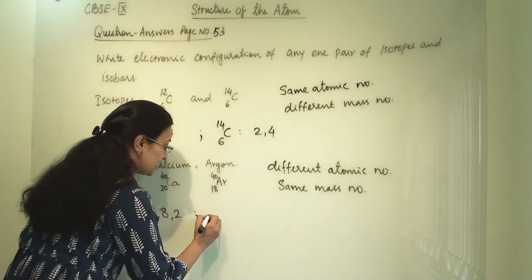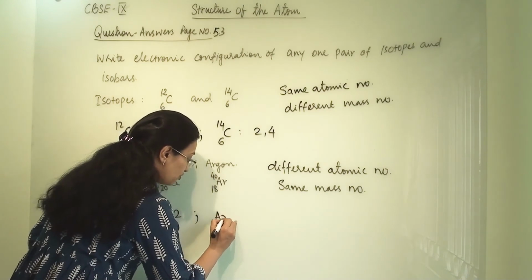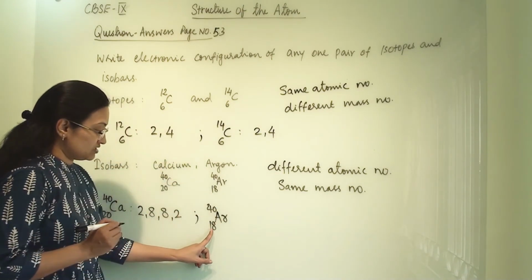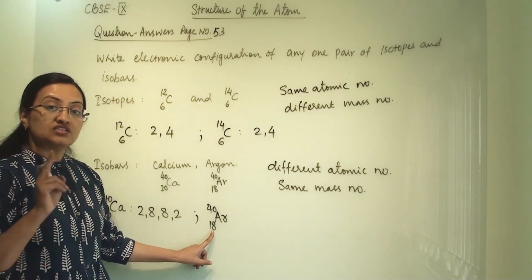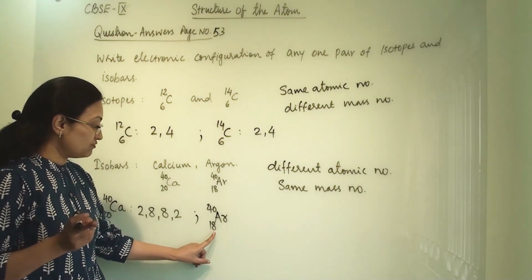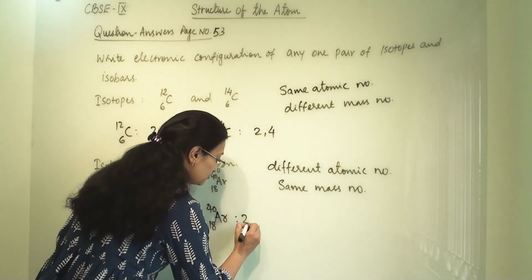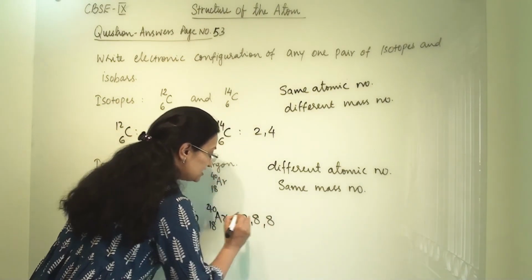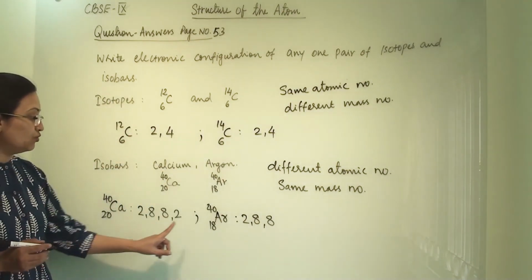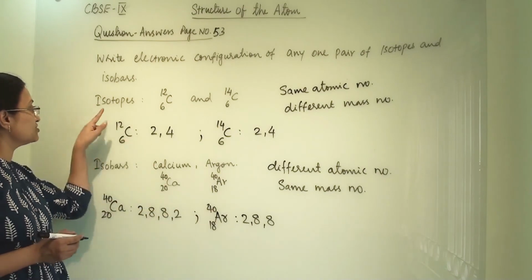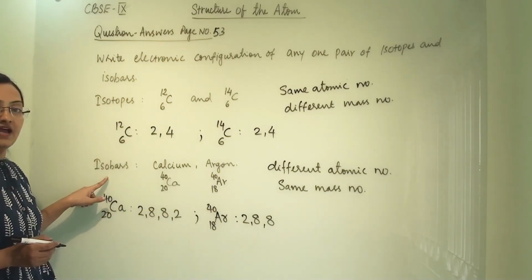Now if we will write the electronic configuration of argon, it has 18 protons and number of protons equals to number of electrons. So we have to write configuration for 18 electrons. So the electronic configuration will be 2, 8 and 8. Here both electronic configurations will be different. So this is the basic difference between isotopes and isobars.